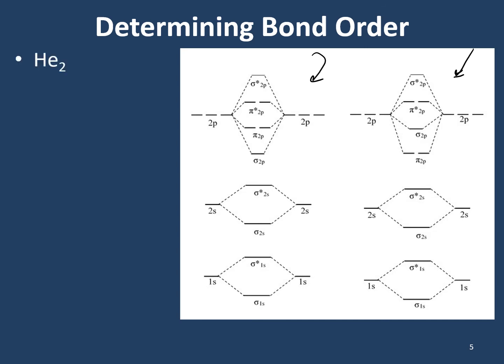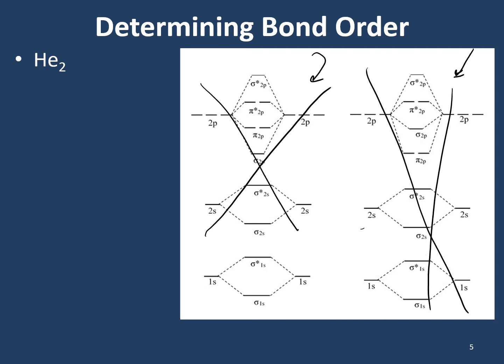He2 really only has s electrons, which means we really only need one of the bottom parts of the diagram. So we can think of all this as not being relevant. If we look at He2, we need to make this diagram appropriate for He2. We'd write He here, He2 there, and He there.